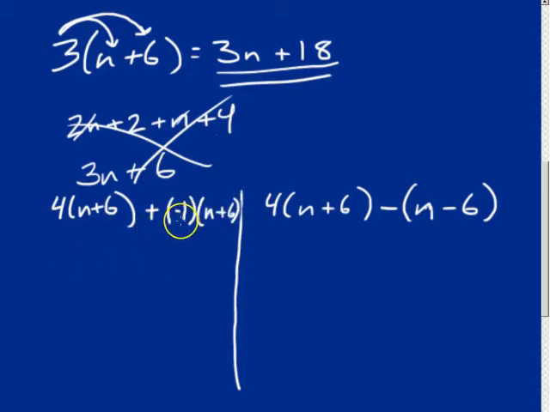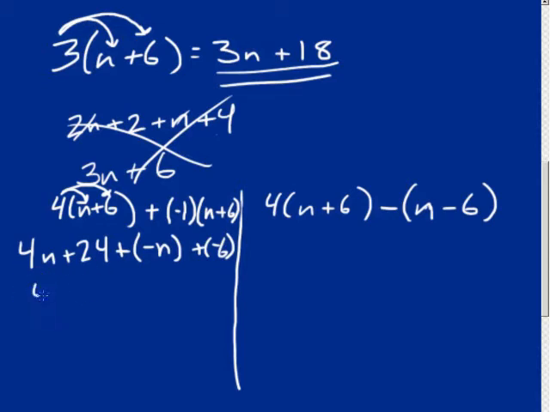Plus negative 1 times n plus 6 is the same as subtracting something. In that case, just like I do over here where I distribute the 4 to the n and the 6, so it would become 4n plus 24, then it would be plus negative 1 times n, which would equal negative n, and then negative 1 times 6, that would be plus negative 6.